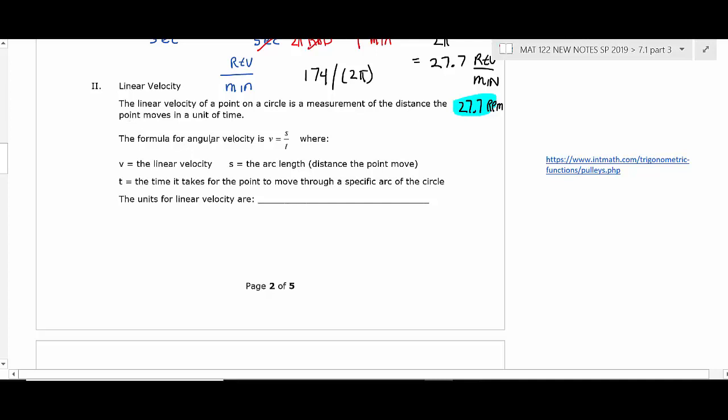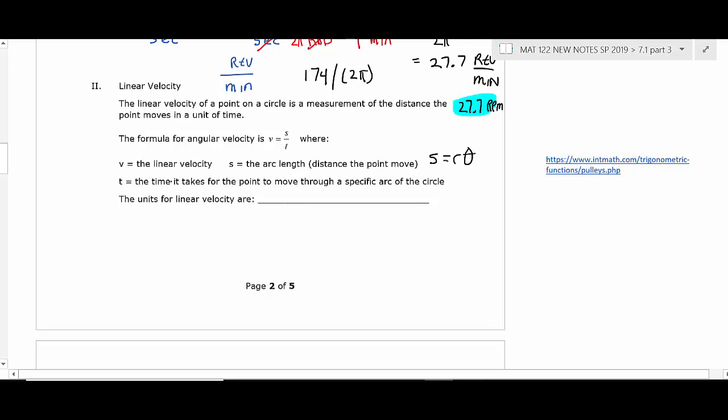The formula you'll see me using is v equals s over t. V is the linear velocity. S is the arc length, and remember, we learned a formula, s equals r theta. The length of an arc is found by multiplying the radian measure of the angle times the radius.